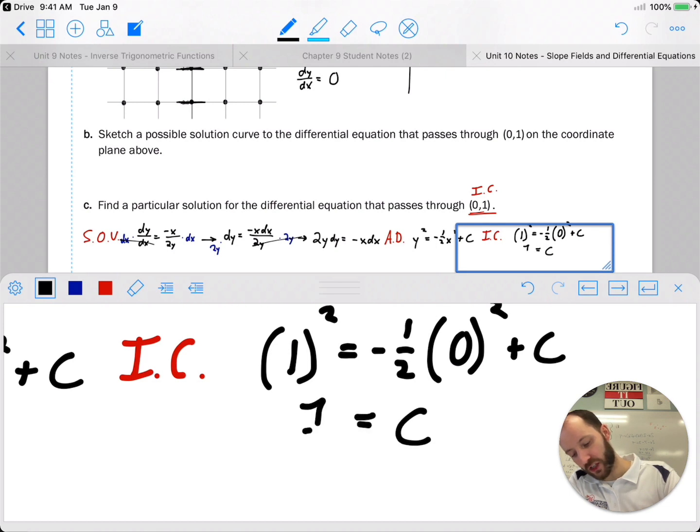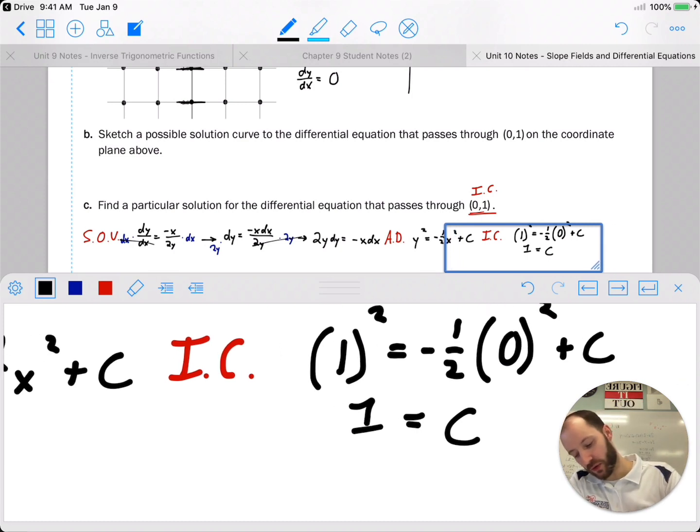Simple solution, c equals 1. So now plug in your c value. So y squared equals negative 1/2 x squared plus 1.